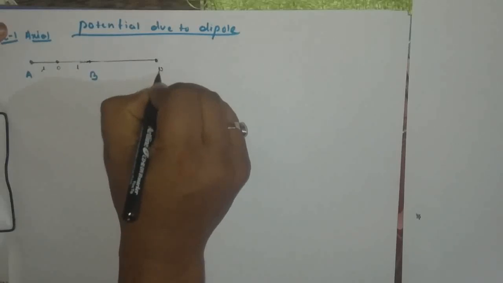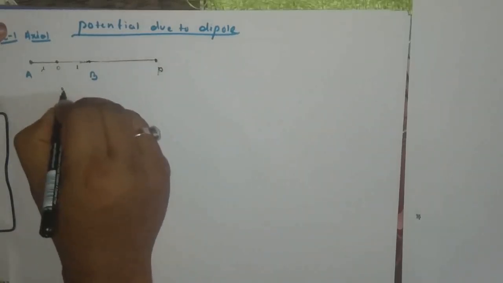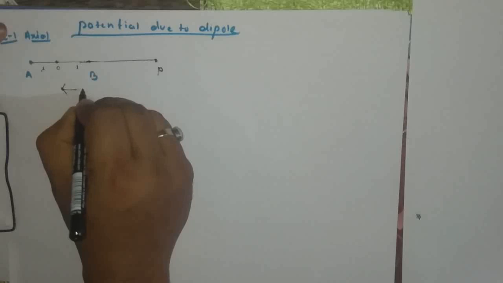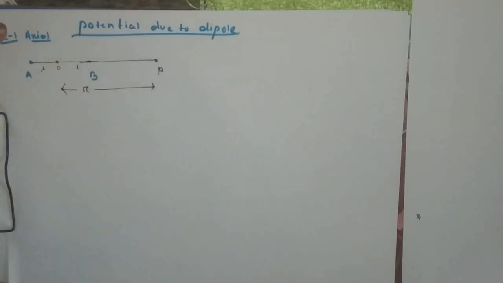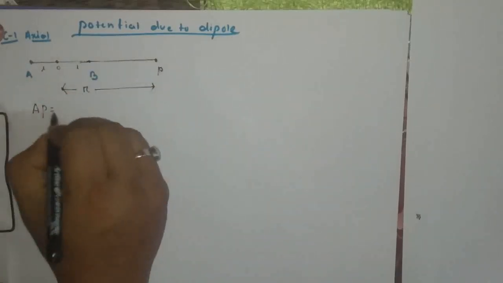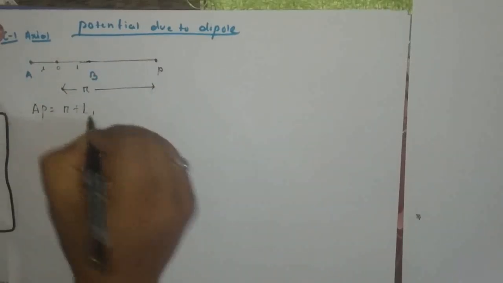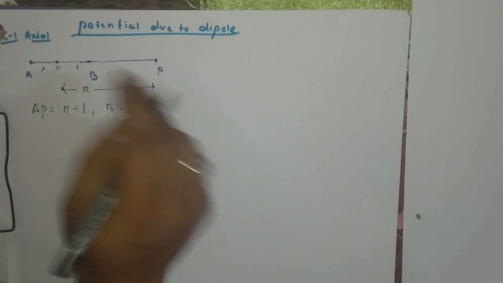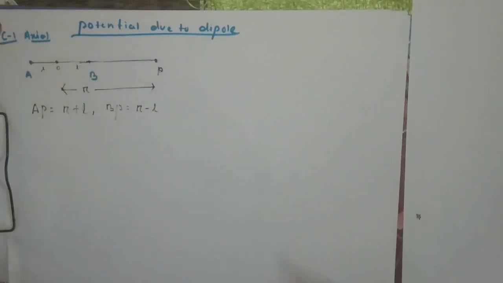Let this be the observation point P, which is at a distance R. So AP will be equal to R plus L, and BP will be equal to R minus L.